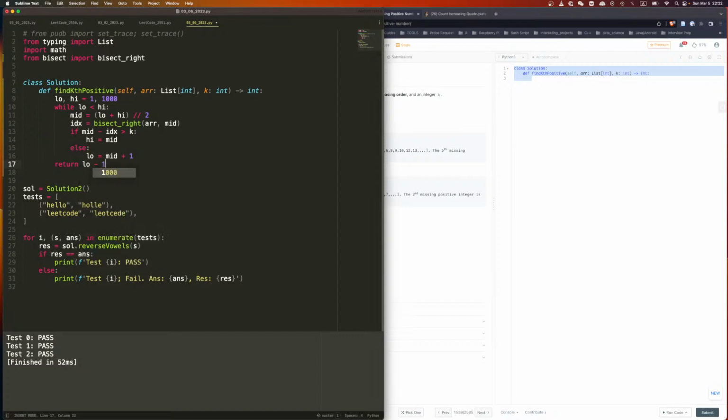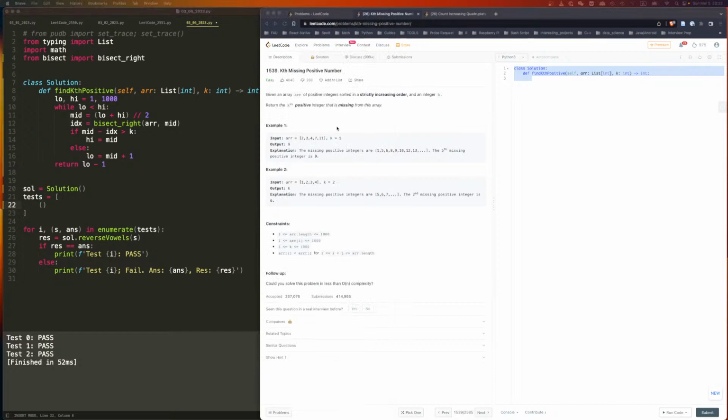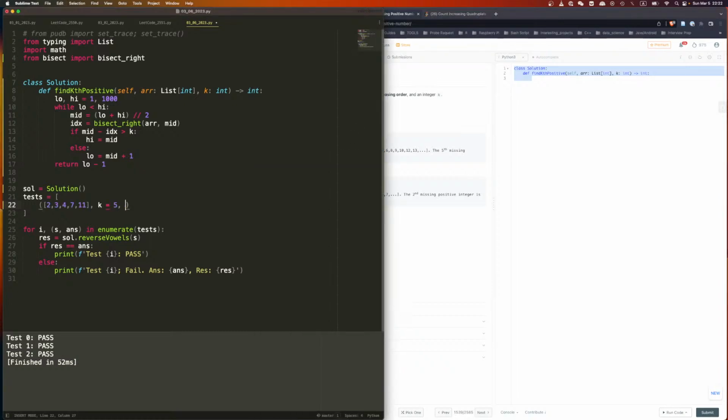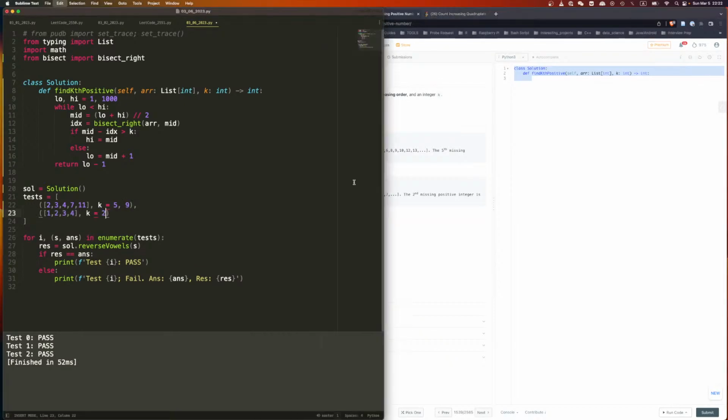Let's try low minus 1. I mean, we can use another way, but let's see if this one works. Low minus 1. Yeah, if it's too small, then we just get bigger, right? Too big, put it here.